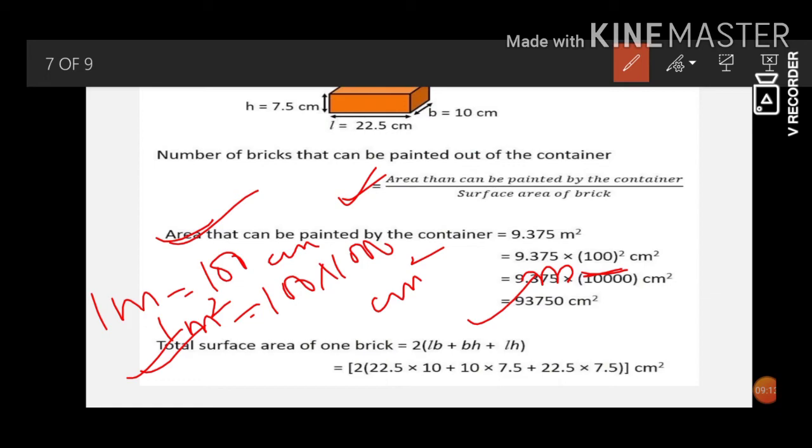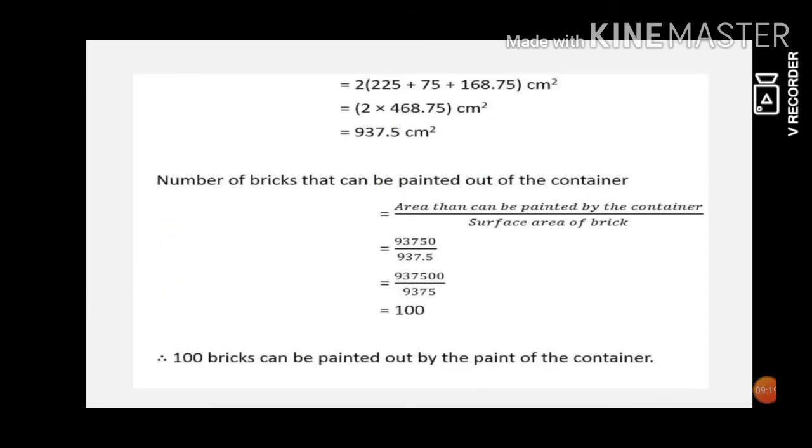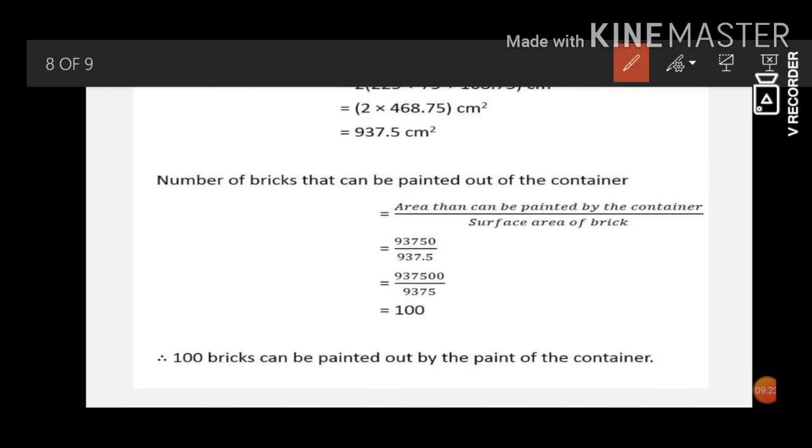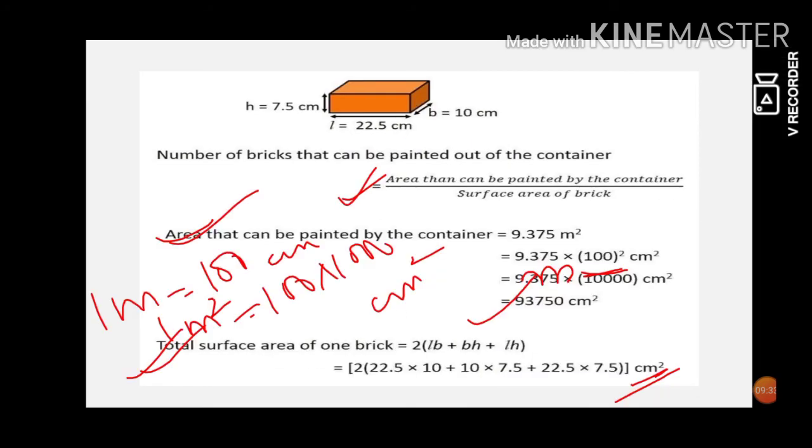All the dimensions were in centimeter, so the area will also be in centimeter square. On multiplying, we will get 937.5 centimeter square.